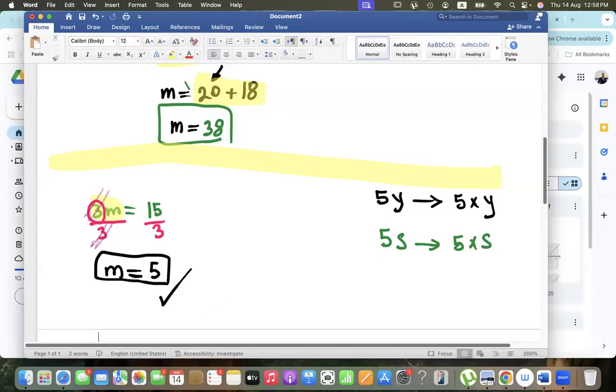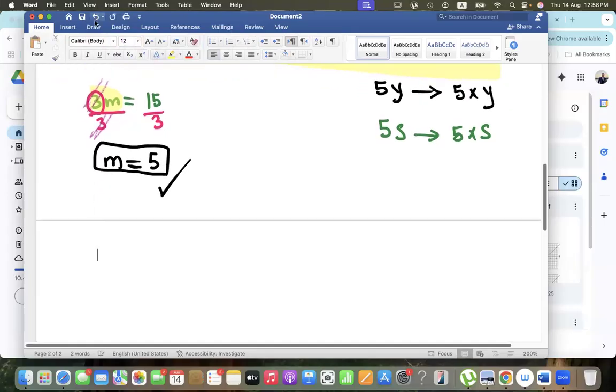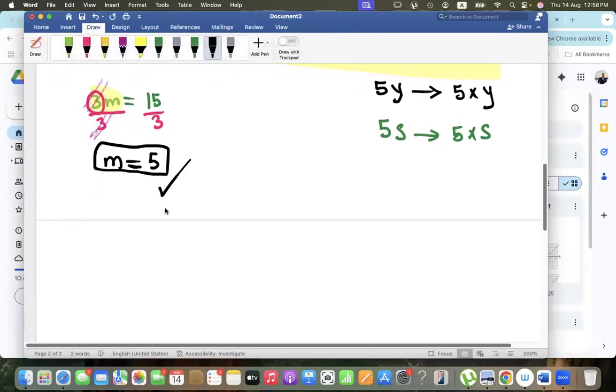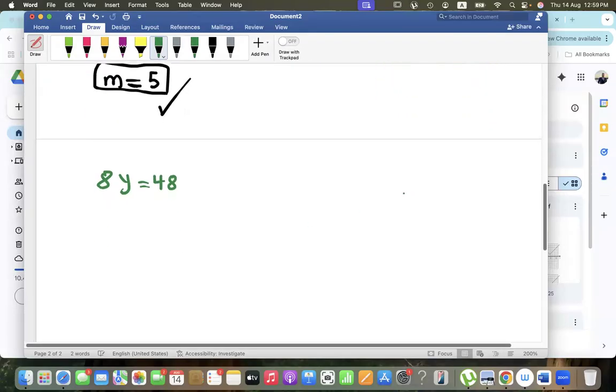Another one for multiply. So if I said 8y equals 48, I will ask myself, what does 8y mean? 8y means 8 multiplied by y.